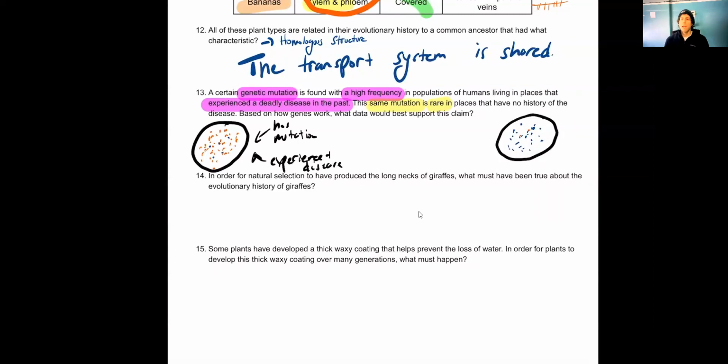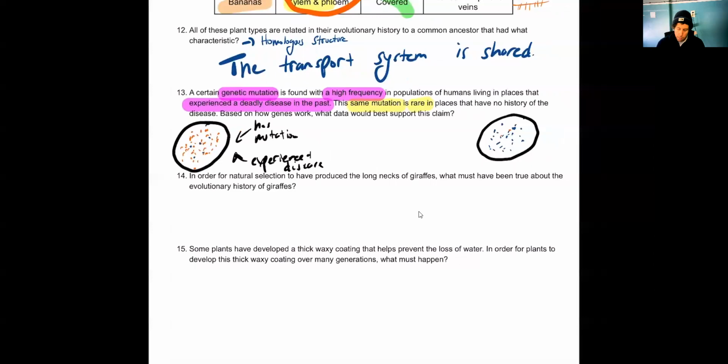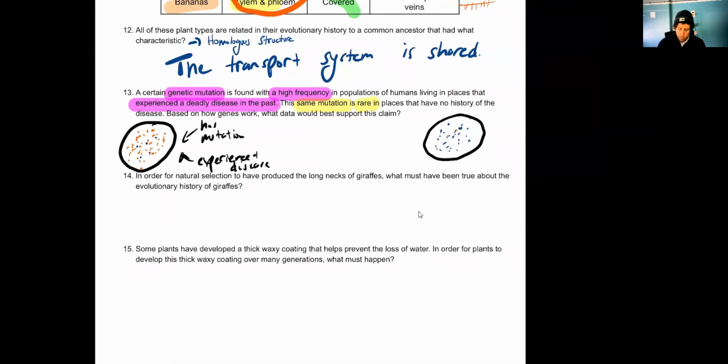So why would this mutation be so prevalent? Why would it have such a high frequency? Why would this one have such a high frequency in this population? Based on how genes work.